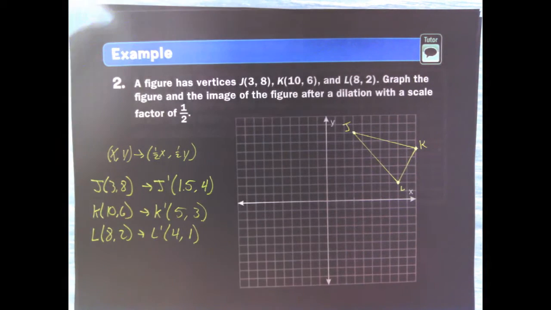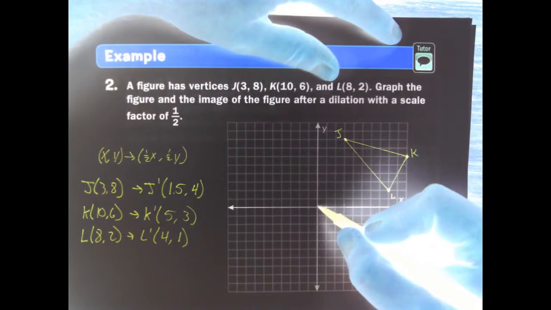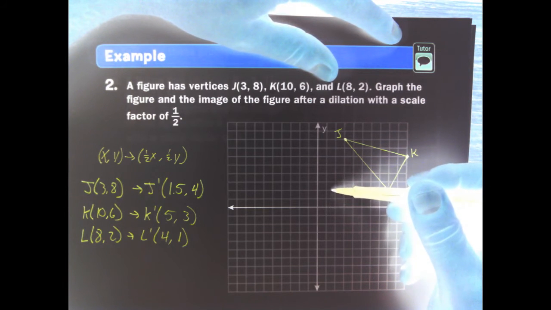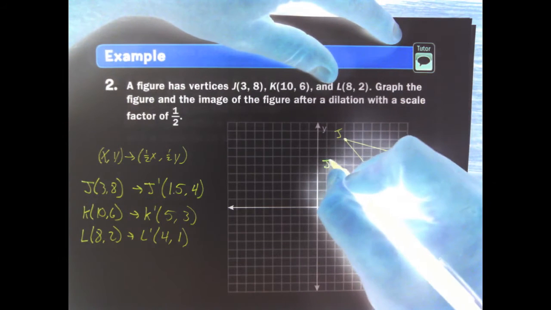So let's put them on the graph and see if we got any smaller. So 1.5 is going to be right in between 1 and 2. So 1.5 and 4, right there. That'll be J prime.